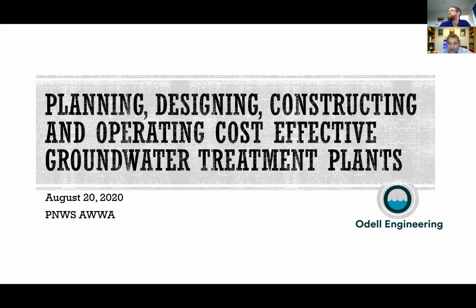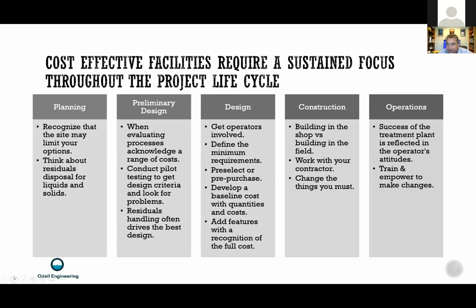So there's a lot of great surface water talks on the program today, but I'm going to touch on some designing cost-effective groundwater treatment plant topics. And first off, it really starts before you get to design. It's involved for the complete life cycle of a treatment plant, from planning through preliminary design, construction, and operations.